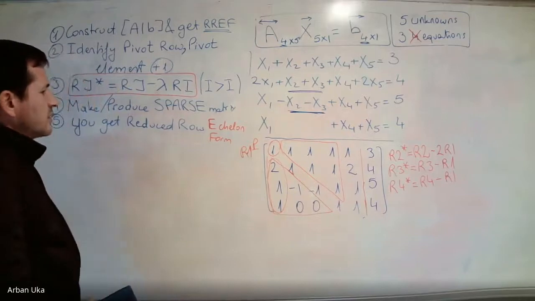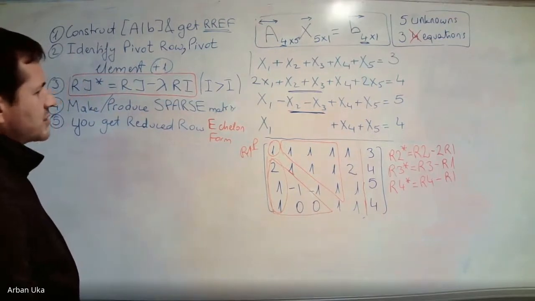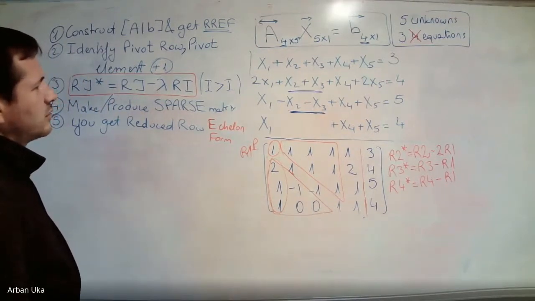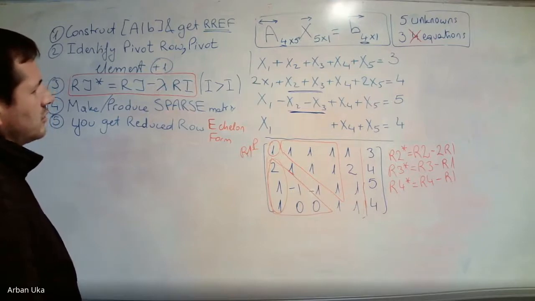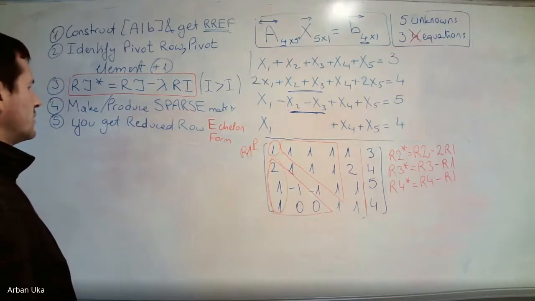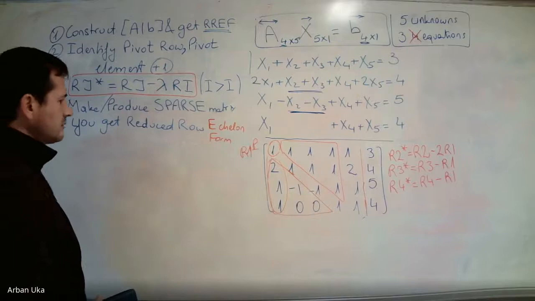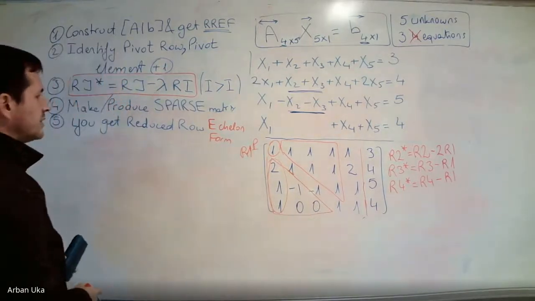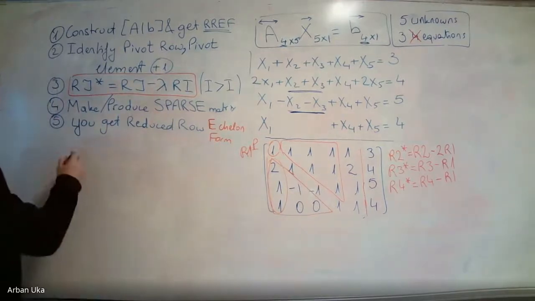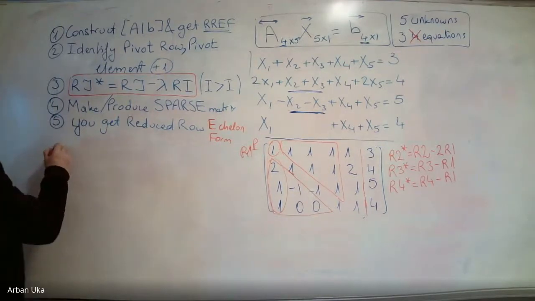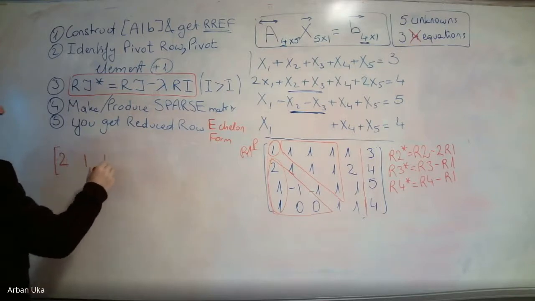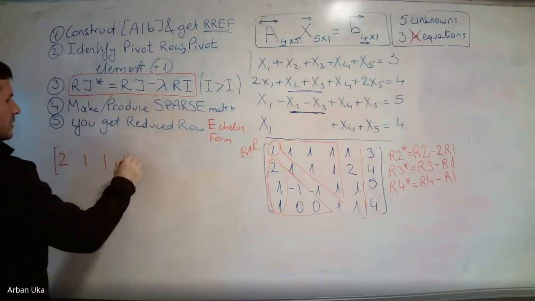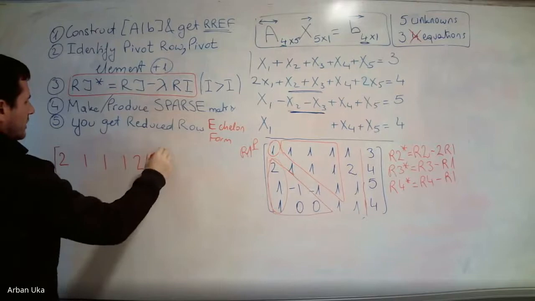So let's have a look at the first equation. We say that row 2 star is equal to row 2 minus 2 row 1. That's good. And how do we do it? Let's have a look for a moment. So what is row 2? Row 2 is 2, 1, 1, 1, 2, 4, right?